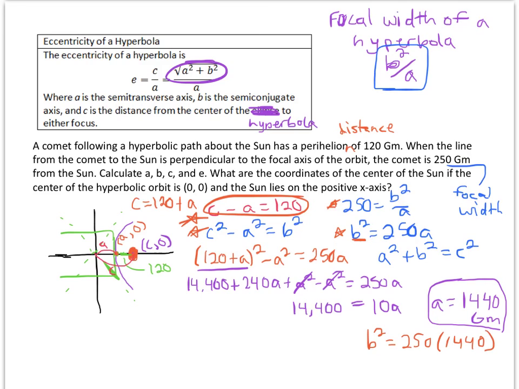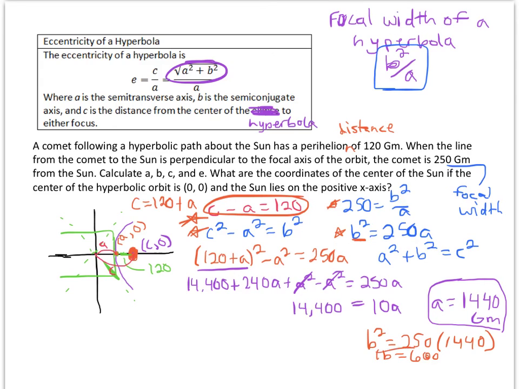In our calculator, 250 times 1440, and then square root it. 600 is b.